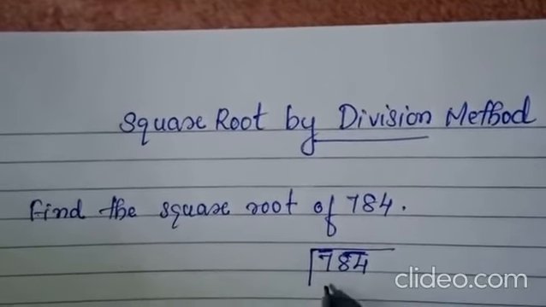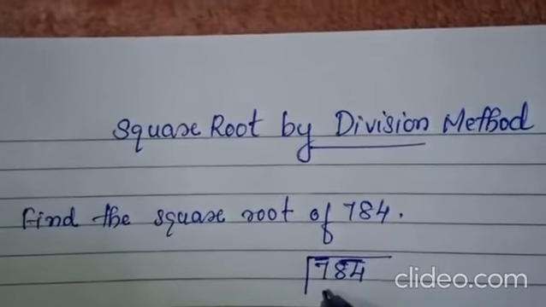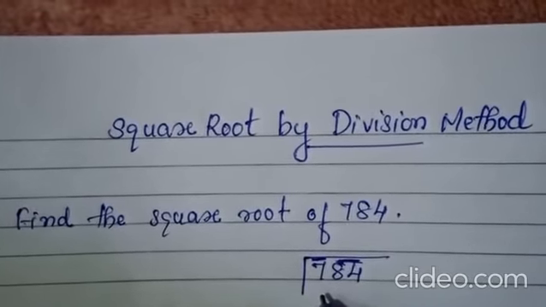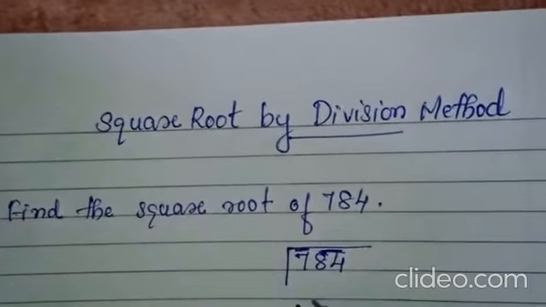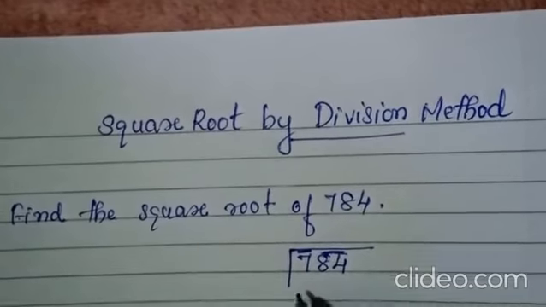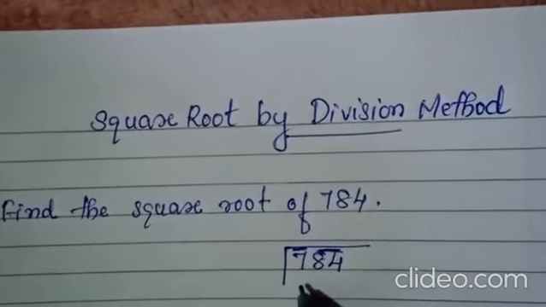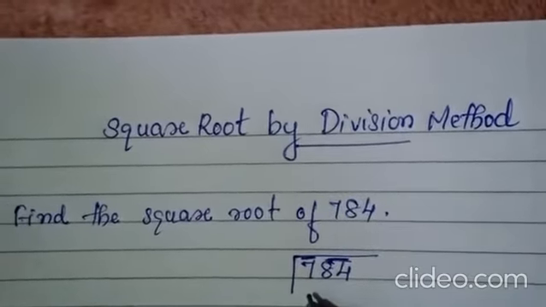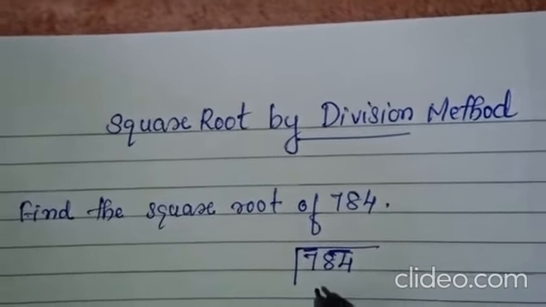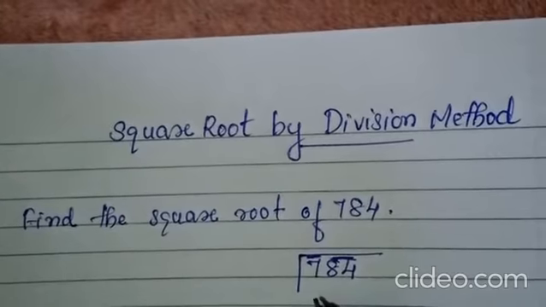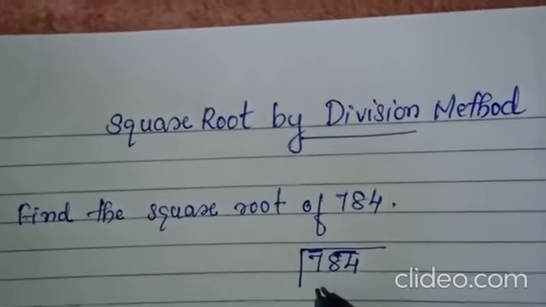First what we will do, take 7. First look at the number 7. 7 is in which square? 2 square is 4 and 3 square is 9. So 3 square is 9, that is bigger than 7.